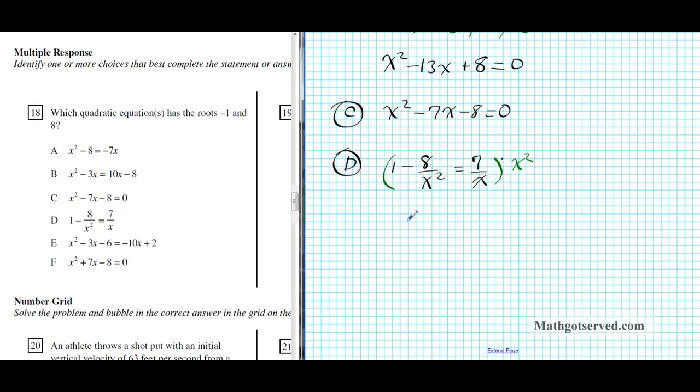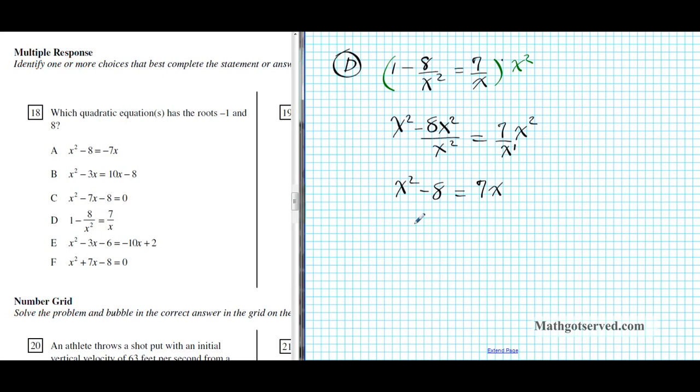We're going to have x squared minus 8x squared over x squared equals 7 over x times x squared. So this becomes x squared minus 8 equals 7x, because you subtract exponents. This x cancels one of the x's in the x squared.